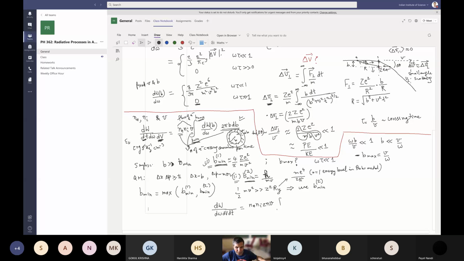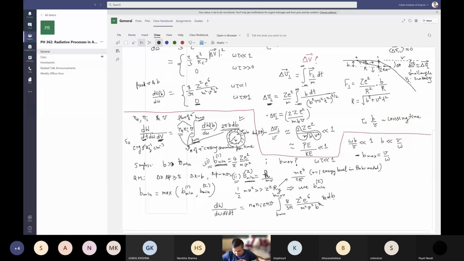We have the integral from B min to B max of 8 by 3 pi Z square e to the 6 by m square v square b squared, times 2 pi b dB outside.